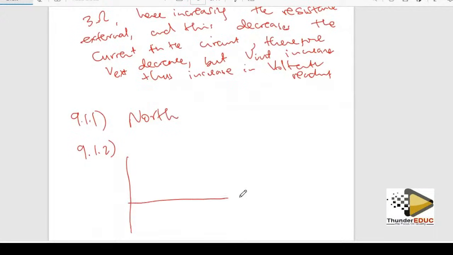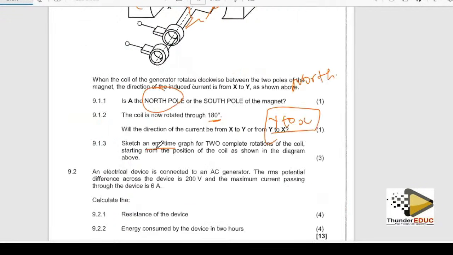Okay, so since this is an AC generator, this is going to be our EMF measured in volts, and this can be the time in seconds, since it's an EMF time graph for 2 complete rotations. But they are telling us that we must start from the position of the coil as shown.